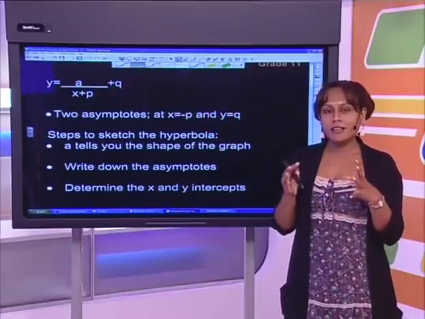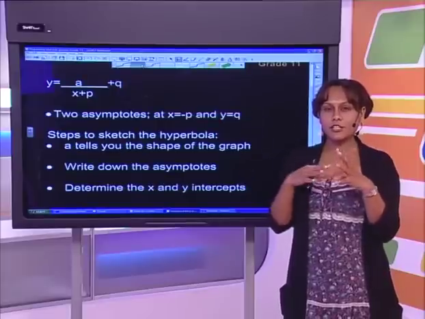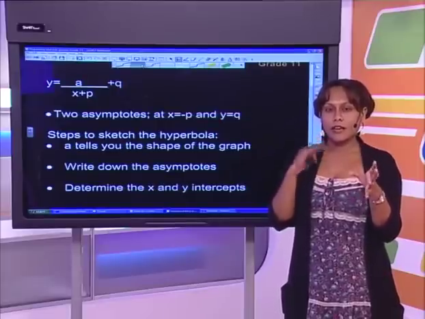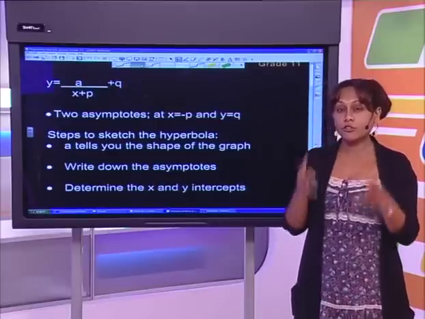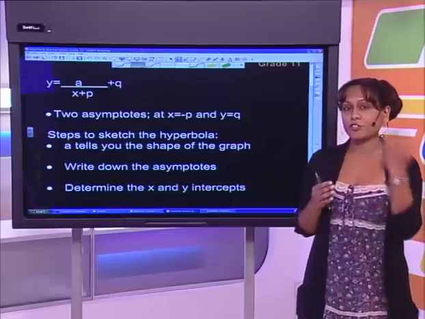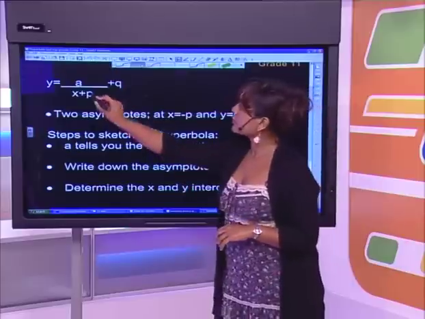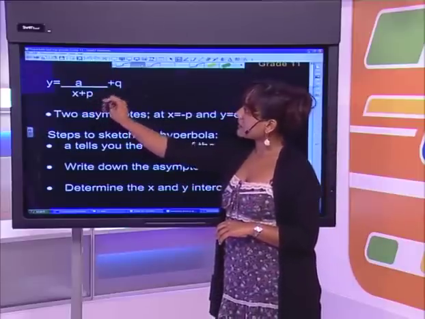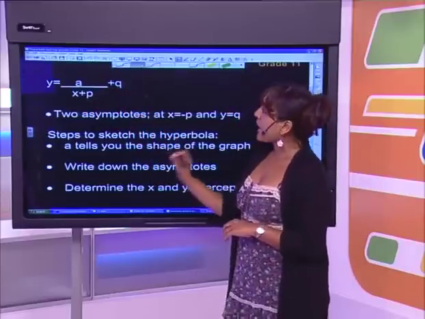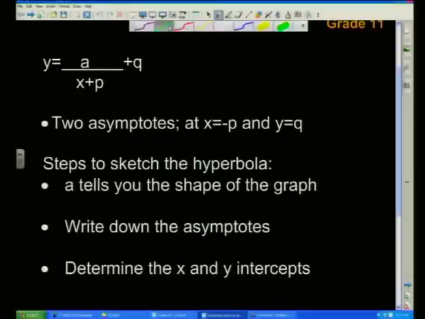In that case, the x and y axis were the asymptotes to the hyperbola graph. But now we're introducing something new, where the defining equation is y is equal to a over x plus p, plus q. Because we've got these two new variables, you'll see that you get two different asymptotes.